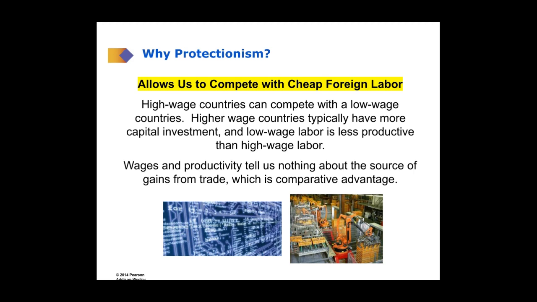Sometimes one country may have cheap labor, and that may be their comparative advantage. Another country may have more capital invested and be more productive, and so we really don't want to interfere with those specializations around comparative advantage, because then we're going to miss or lose some opportunities for trade and to benefit from trade.